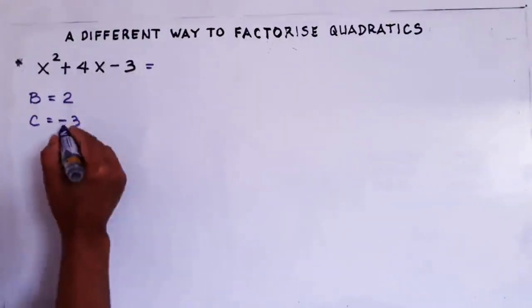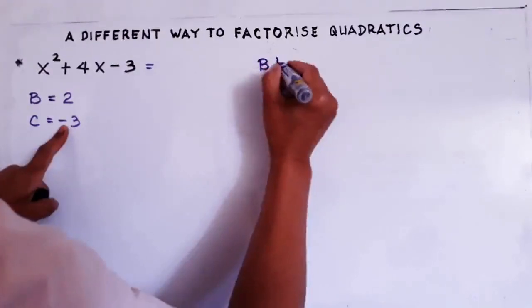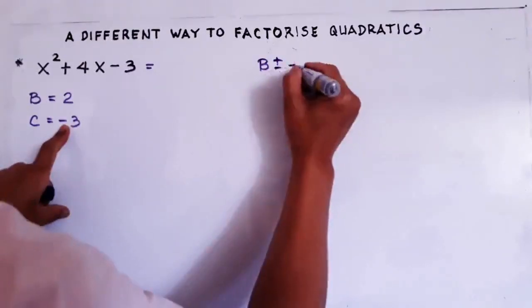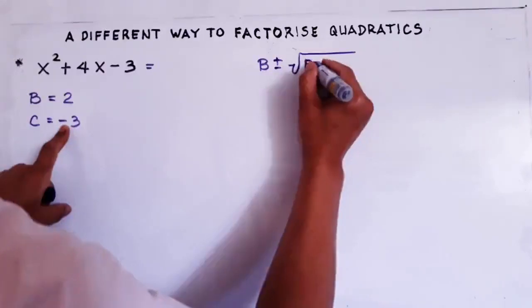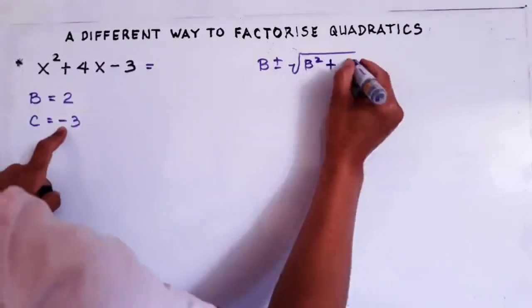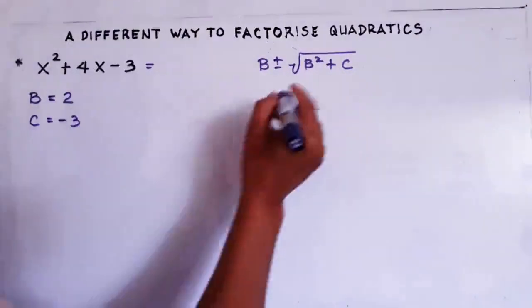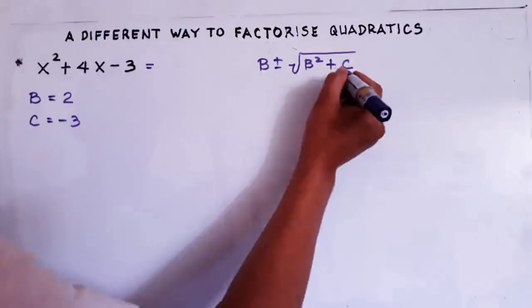Because that one is negative, we are going to use this one: negative b plus or minus the square root of b squared plus c.